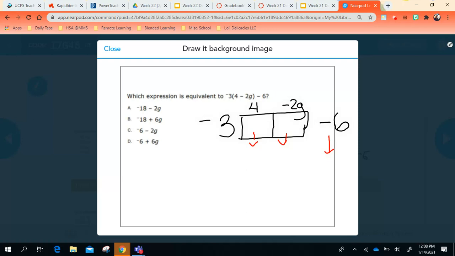Negative 2 times negative 2. Look at the book. We'll start with negative 3 times 4.